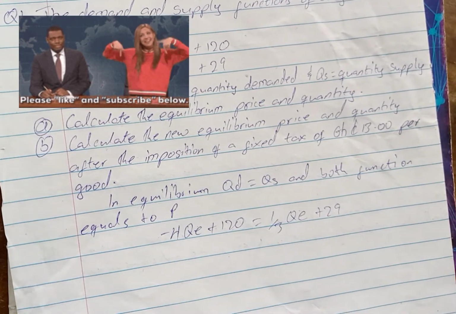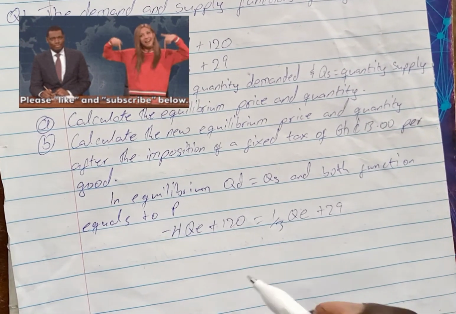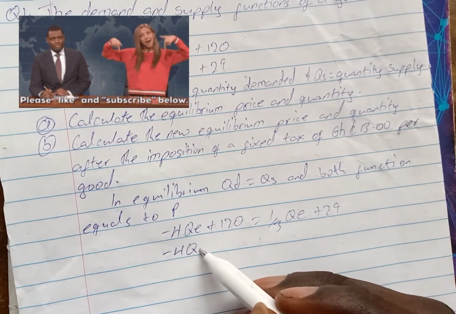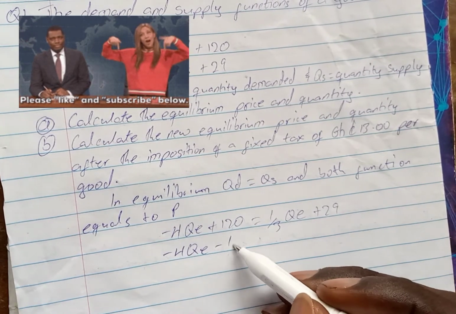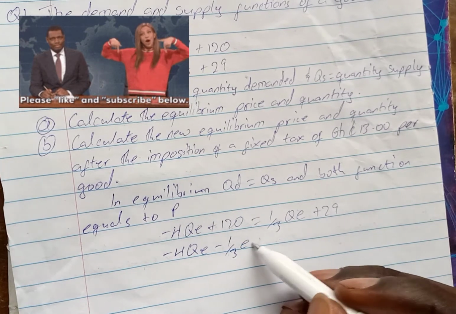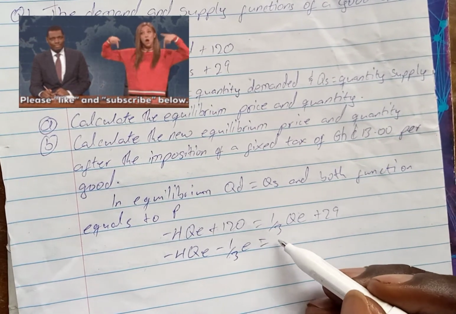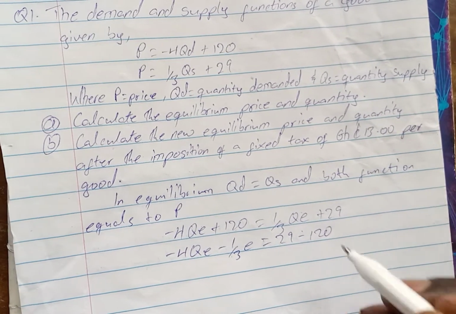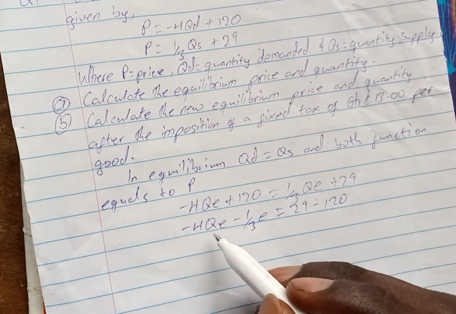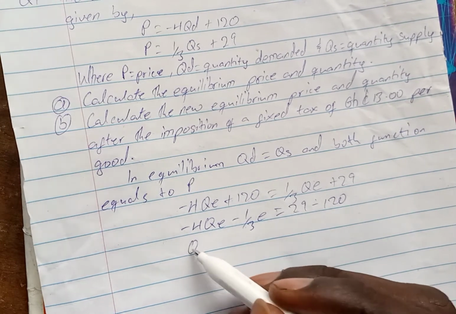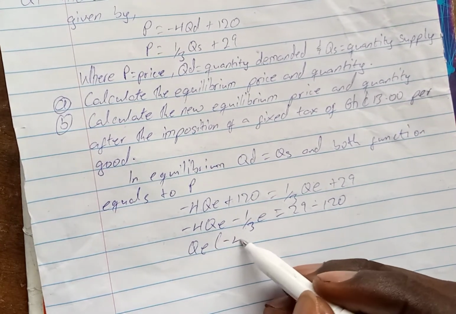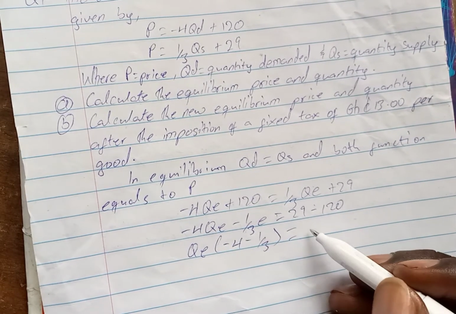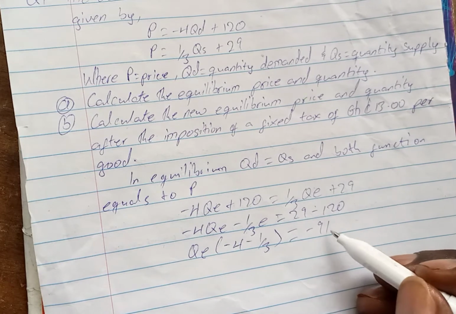In order to find the equilibrium quantity. Okay, so minus QE minus 1/3 QE equals 29 minus 120. Factor QE out: QE times minus 4 minus 1/3 equals minus 91.